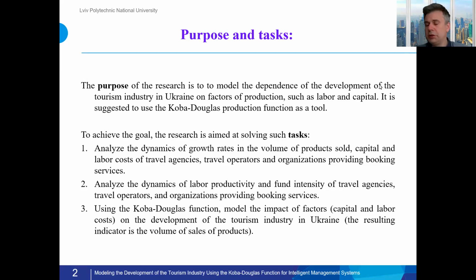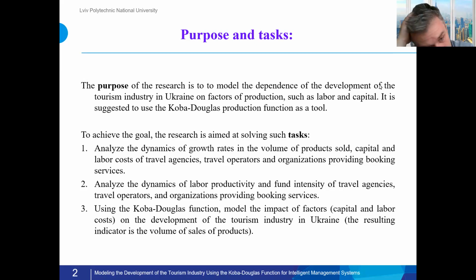And in order to achieve the stated goal, we decided to apply the following tasks. The first task is to analyze the dynamics of growth rates in the volume of products sold, capital and labor costs of travel agencies, travel operators, and organizations providing booking services.